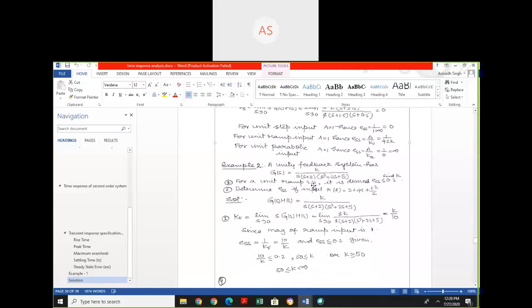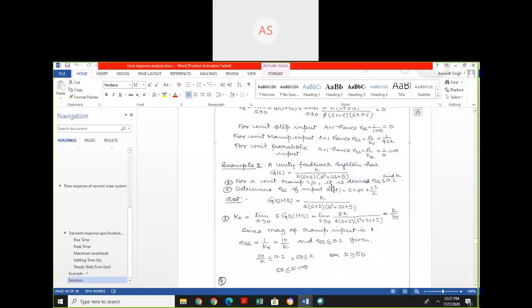A unity feedback system has G(s) given by this expression. For a unit ramp input, it is desired that the steady state error is less than or equal to 0.2. Then find the value of K. Determine ESS if the input is given by 2 plus 4t plus t square by 2.